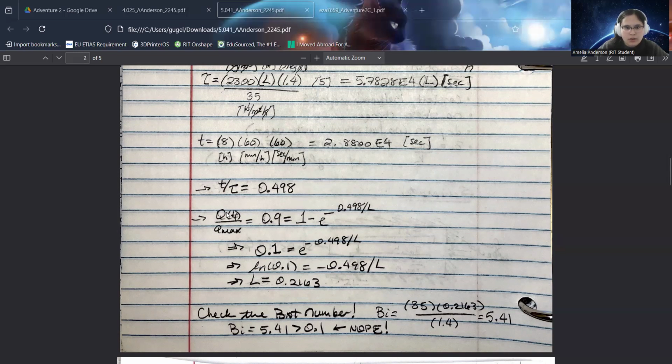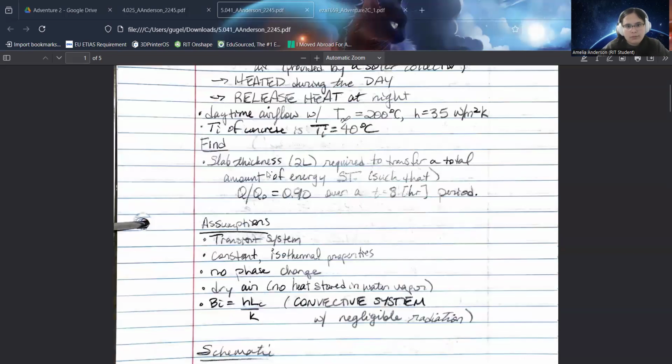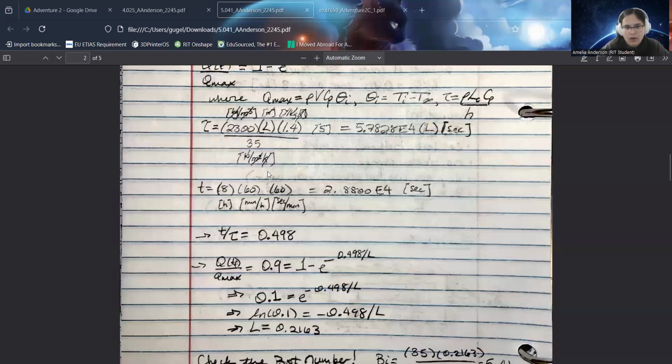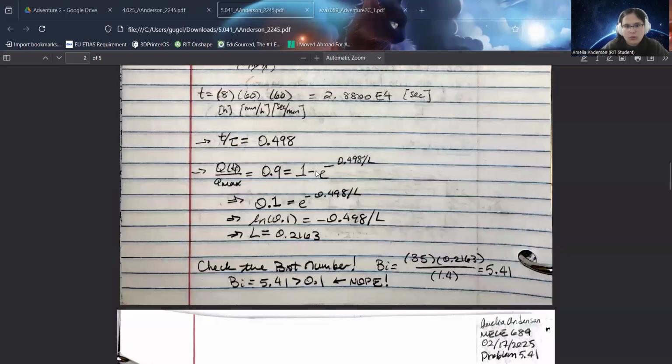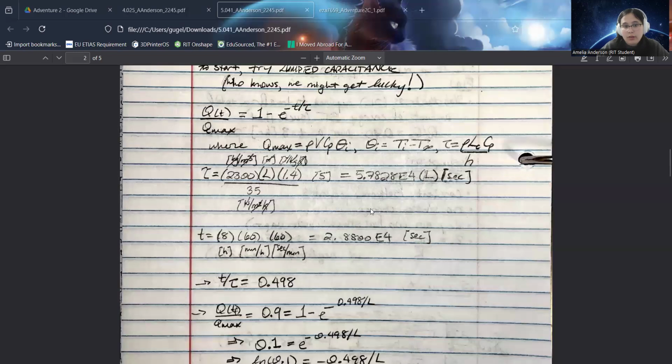So Q final over Q max is 0.9, which is what we want. We're looking for that 90% mark, as was stated up here. It's equal to 1 minus e to the negative 0.498 over L. Sorry, that should be over L. It comes from dividing t by tau.